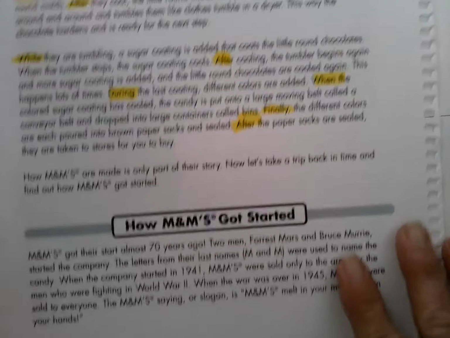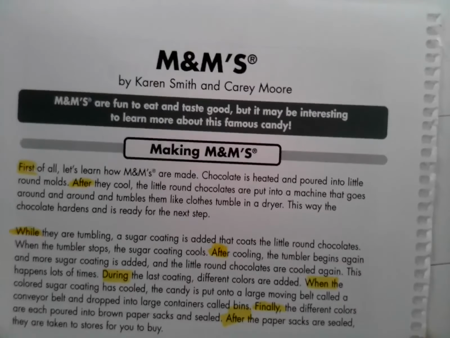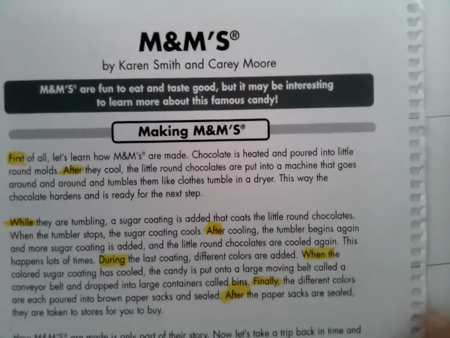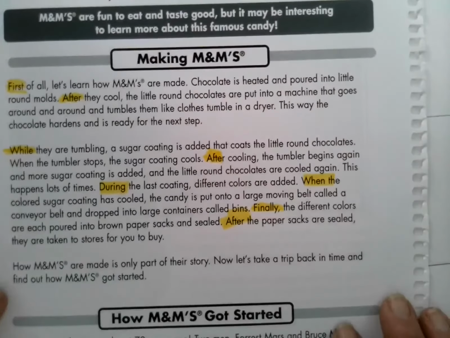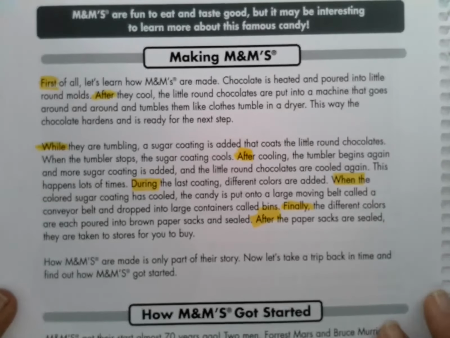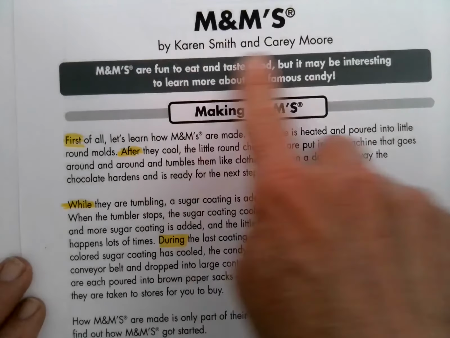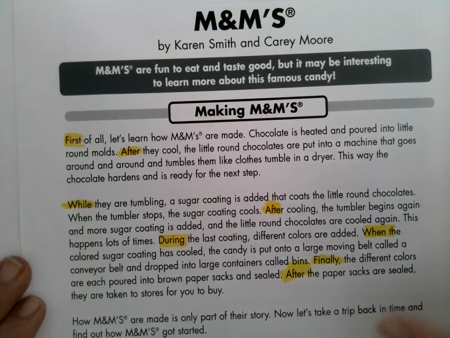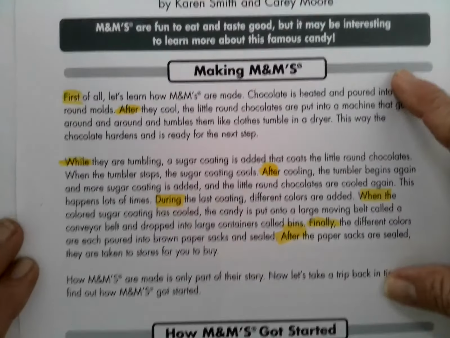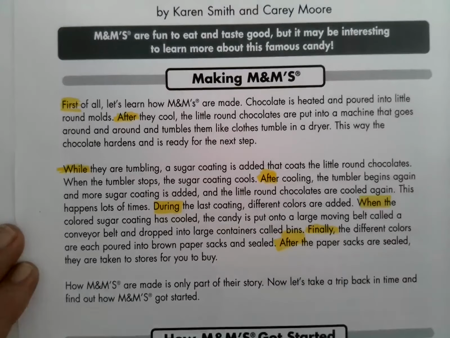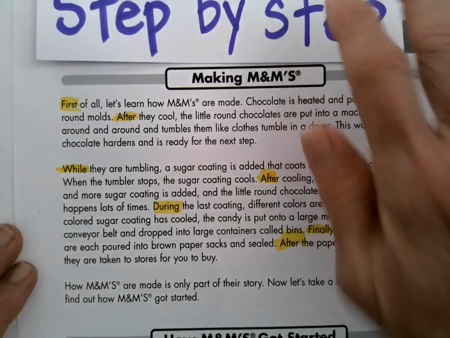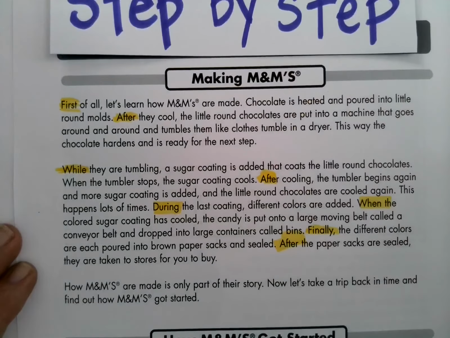All right. Let's look at this article and let's look at how it's structured. And structured means just how the author arranged the information. All right. So here's the article, M&Ms by Karen Smith and Carrie Moore. It's in 2 different sections. One section is how to make M&Ms, and those are step-by-step directions on how M&Ms are made.